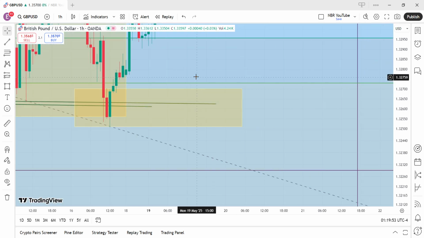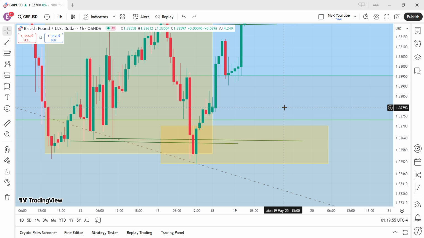Okay, I went into this place where you are going to draw your fib. Okay, we arrived into a place when we draw the fib from this area into this area, a swing high formed.